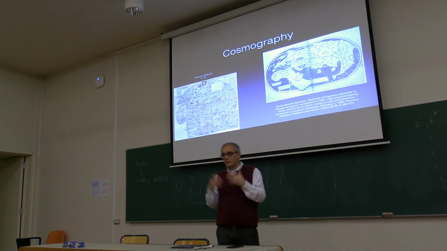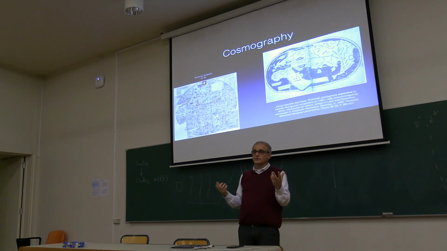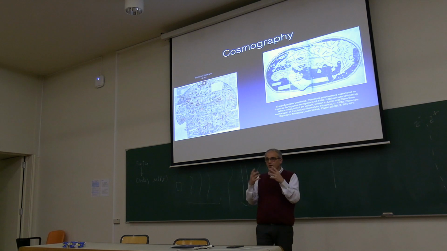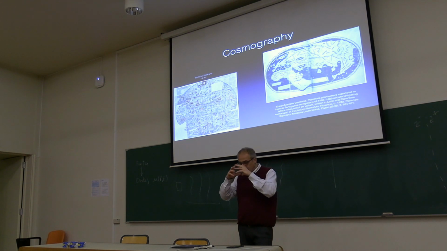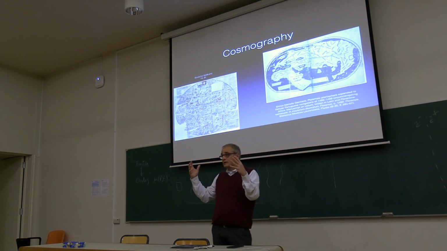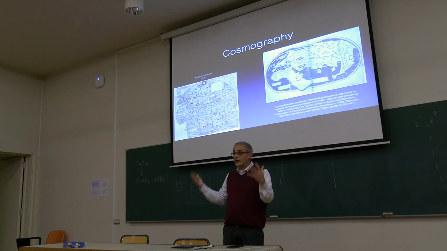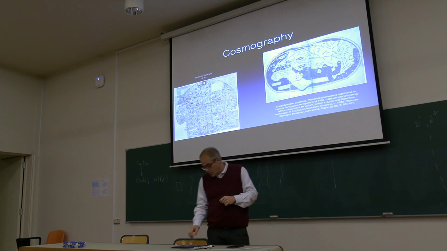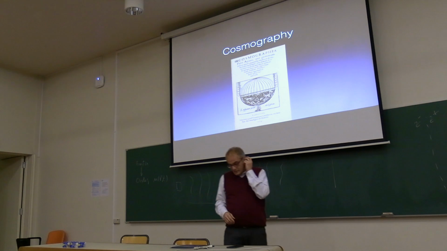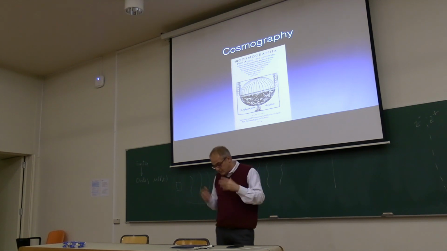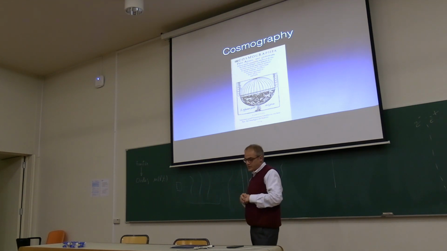So after Ptolemy, and when Ptolemy turned out to be insufficient, the metric was developed in concomitance with the metric that already existed for the celestial sphere. So again, astronomy and cosmology. And here is a beautiful page that shows this connection.